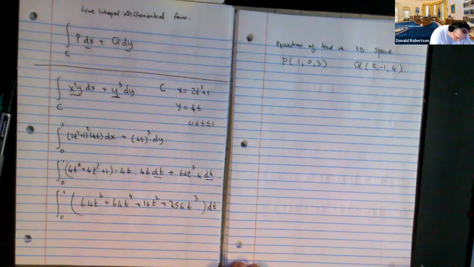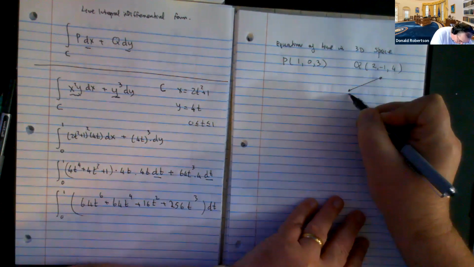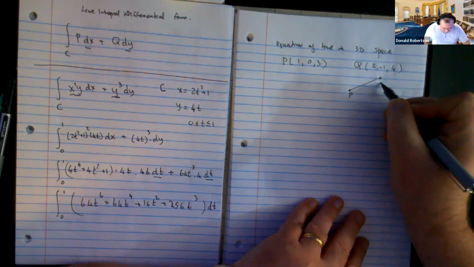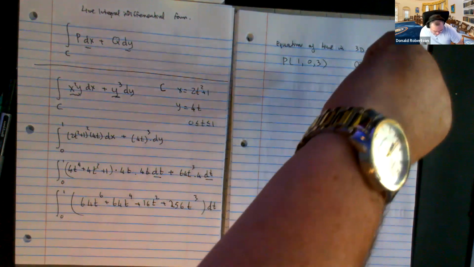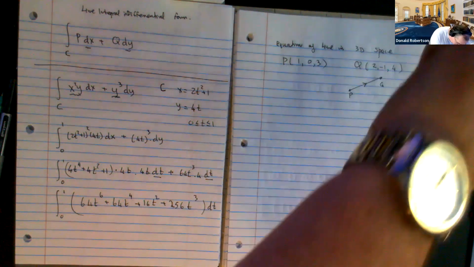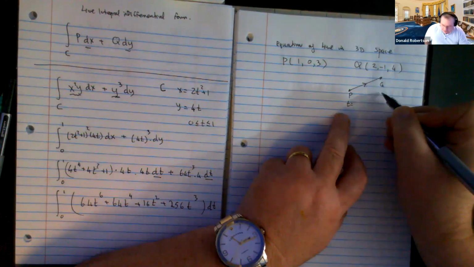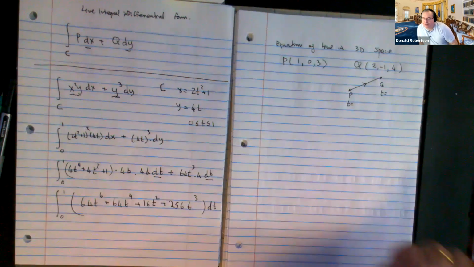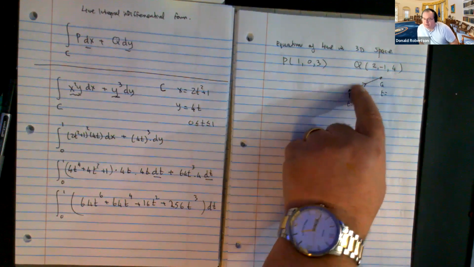And I want to find the equation of the line from P to Q. And not only do I want the equation of that line, I want to also know the start value and the finish value of t, because I only want to use that bit of the line.